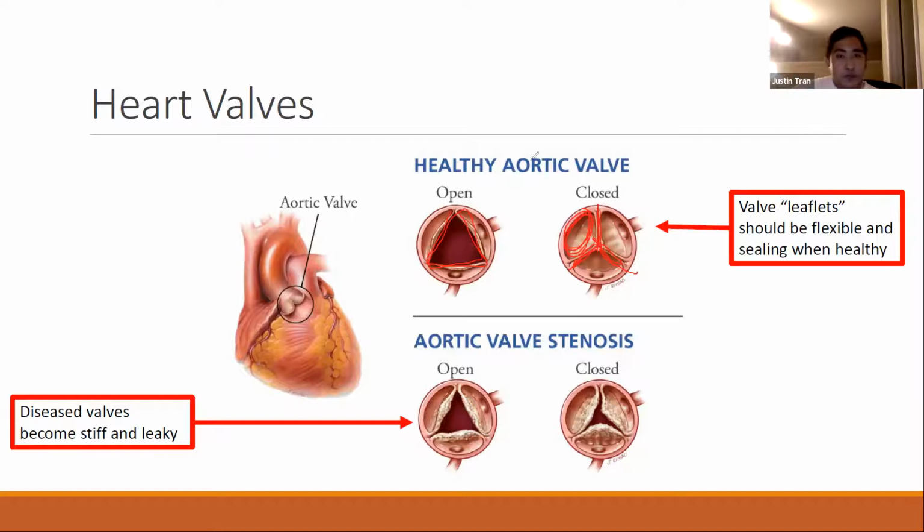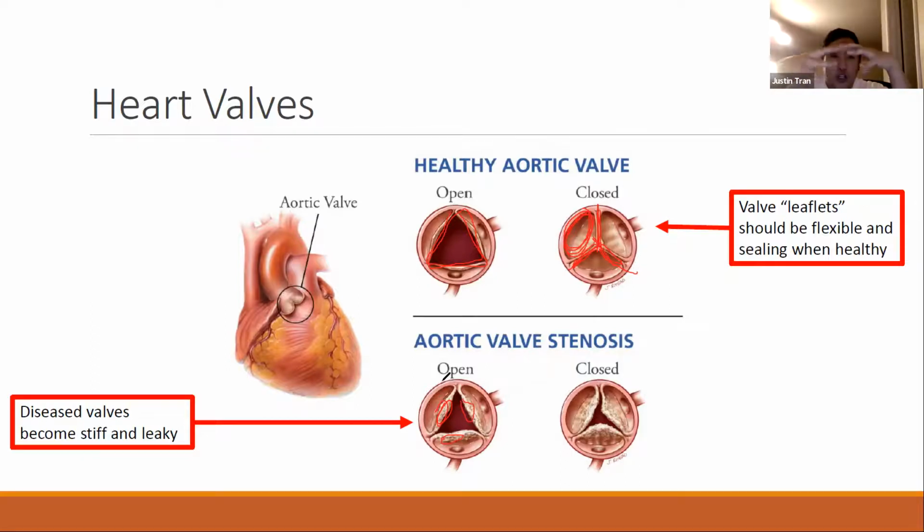Okay. When you start to get valve disease, or when your valves start to break down, they tend to look something like this, right? And so usually the way that valves get disease is that the leaflets start to lose some of their properties, and so the leaflets start to get a little bit stiff. You can see here we have this kind of crusty stuff that's building up on the leaflets. Okay. And so when the leaflets start to get stiff, you can almost think of it as like a rusty machine, right?